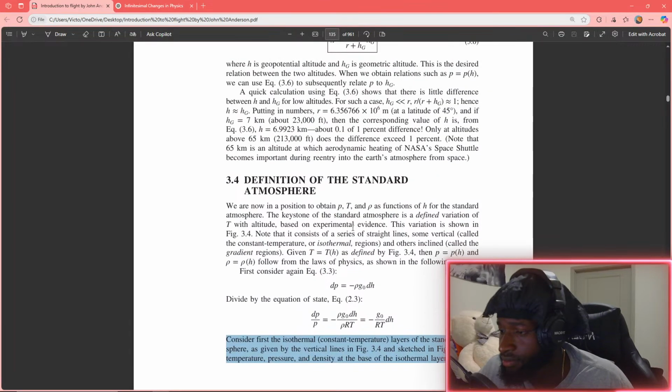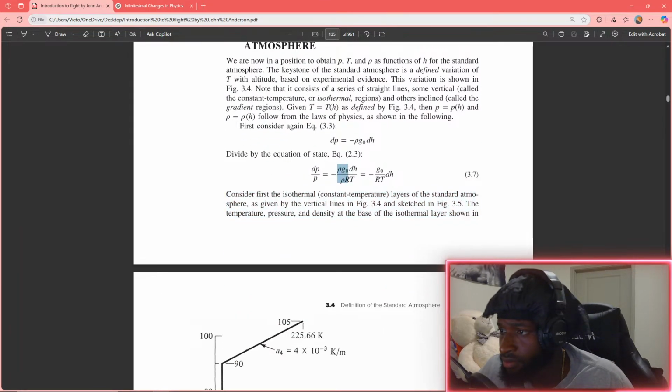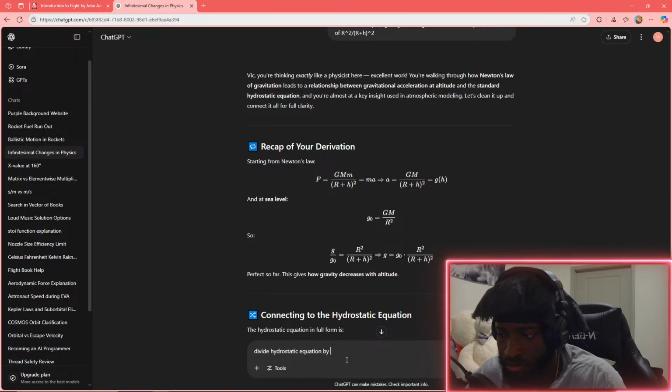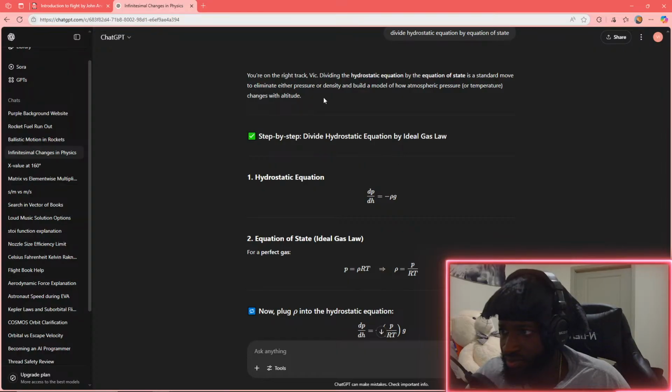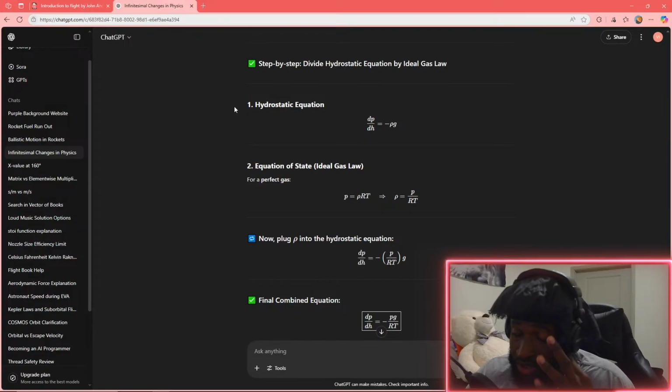Divide the hydrostatic equation by the ideal gas law.